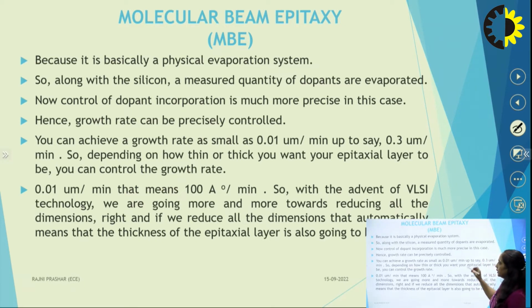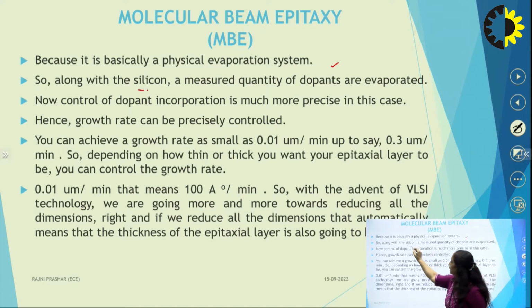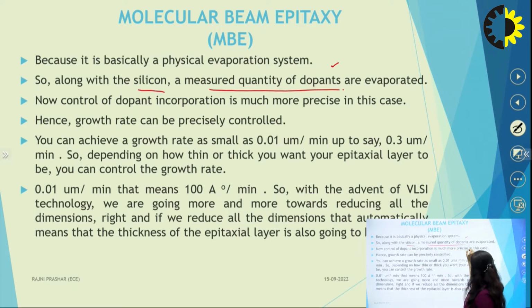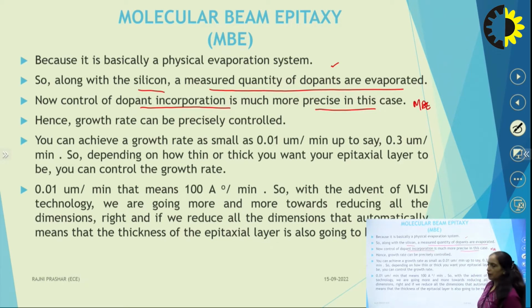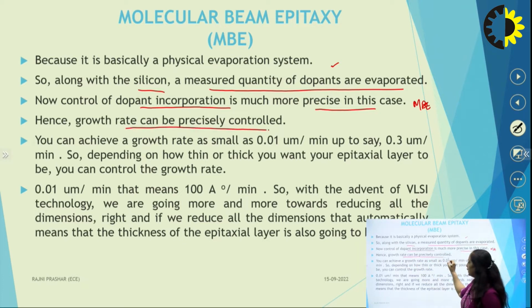Because it is a physical evaporation system, along with the silicon, a measured quantity of dopants is evaporated. Now we can control this dopant incorporation very precisely in MBE. We can very precisely control the dopant quality as well as the quantity. Hence, the growth rate can also be controlled.